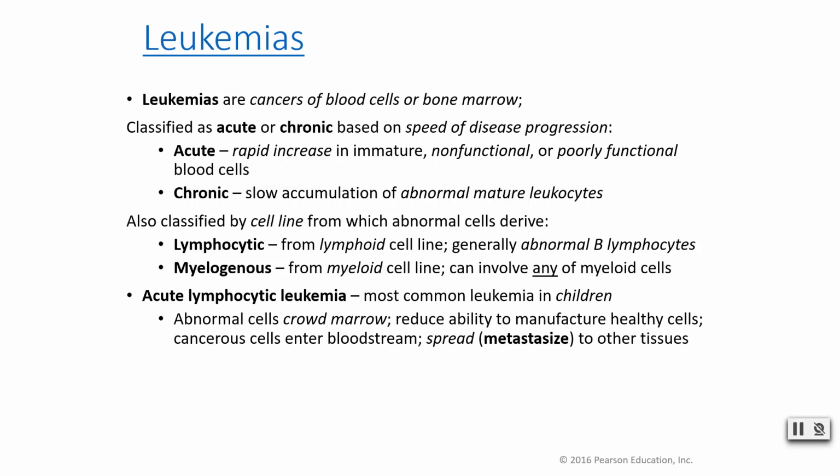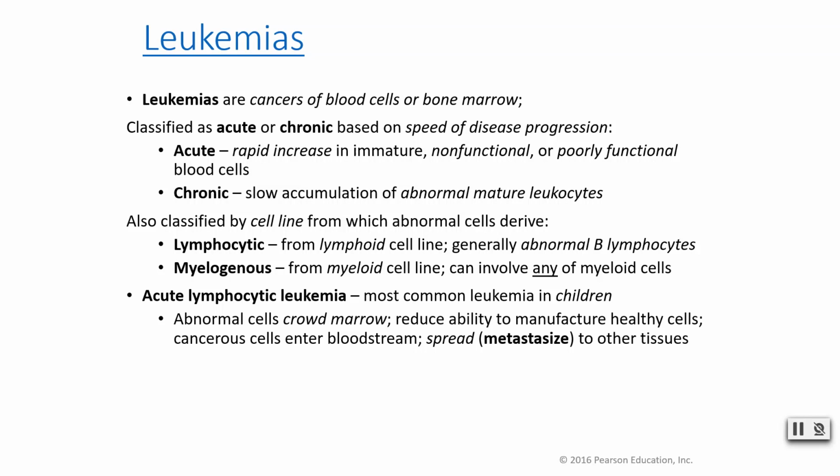We could also categorize leukemias based on the type of cell line that they come from. So you have lymphocytic leukemias, which come from lymphoid cells. Typically these are abnormal B lymphocytes or B cells. Or then you could have myelogenous leukemias from the myeloid cell line, which could really involve any of the myeloid cells, so your other leukocytes.